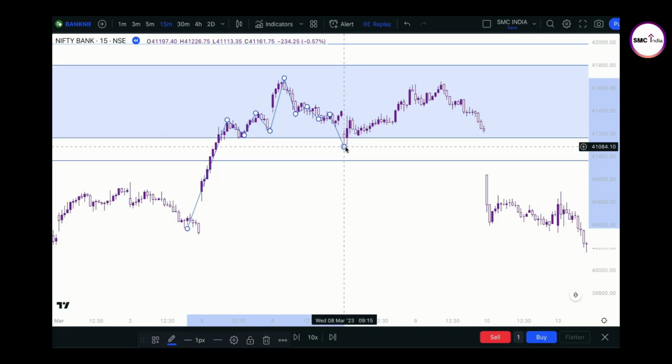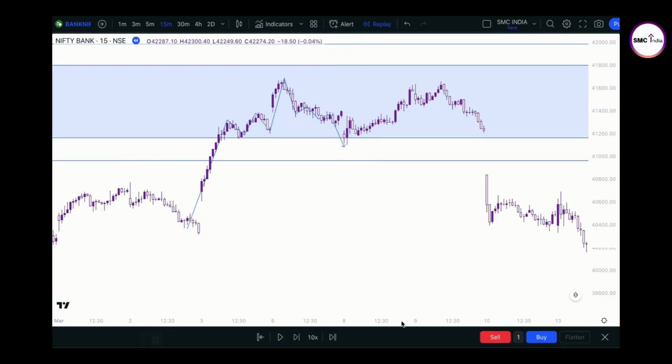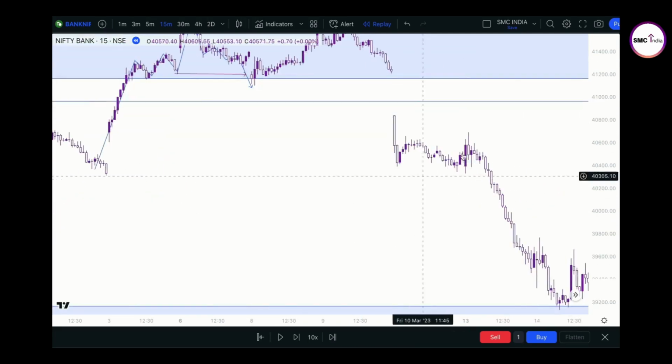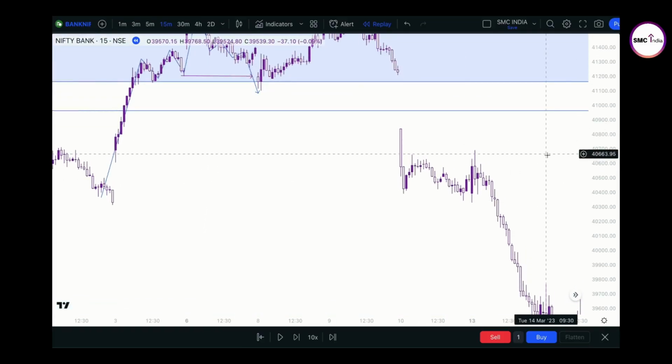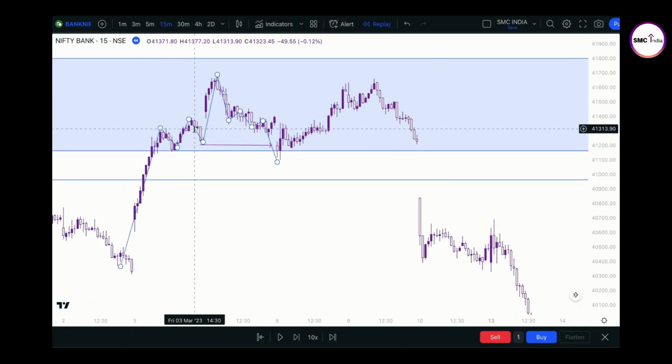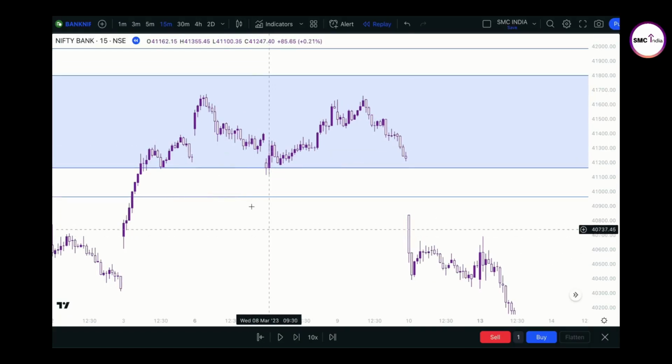As it shot down, it created this change of character down here. So now there is a high chance that the price is going to move down to this higher time frame demand zone here.